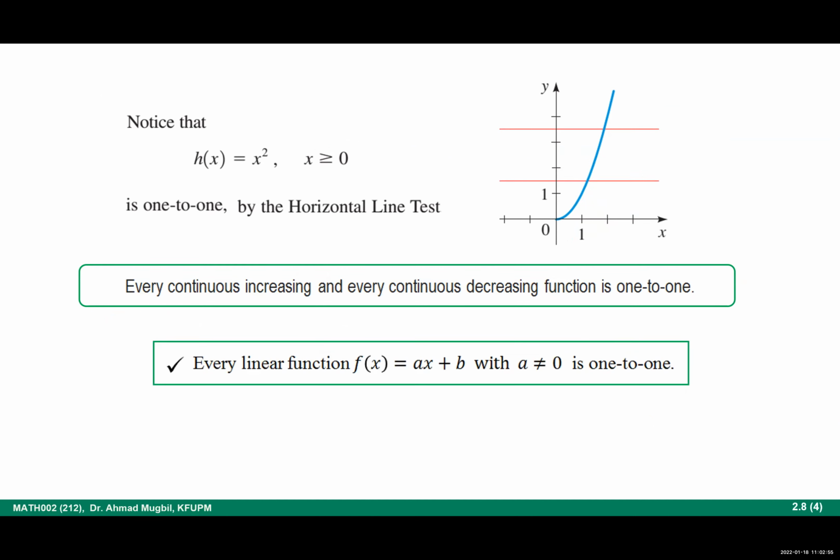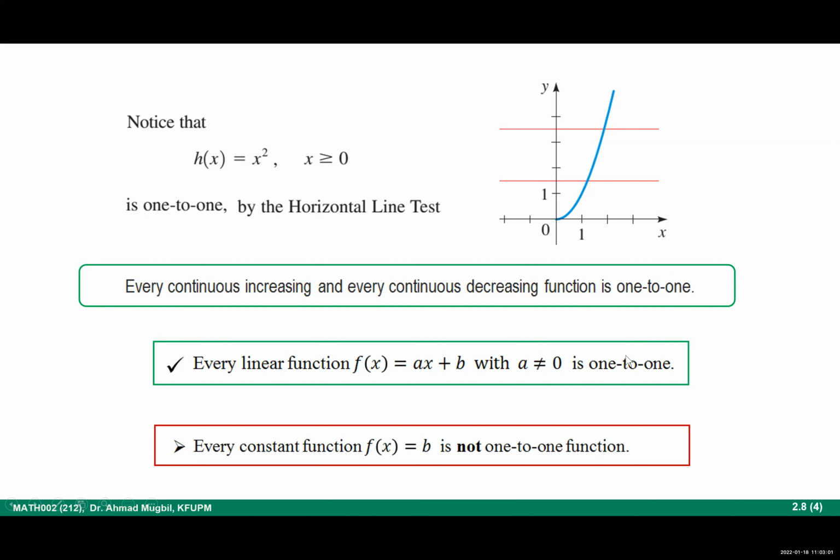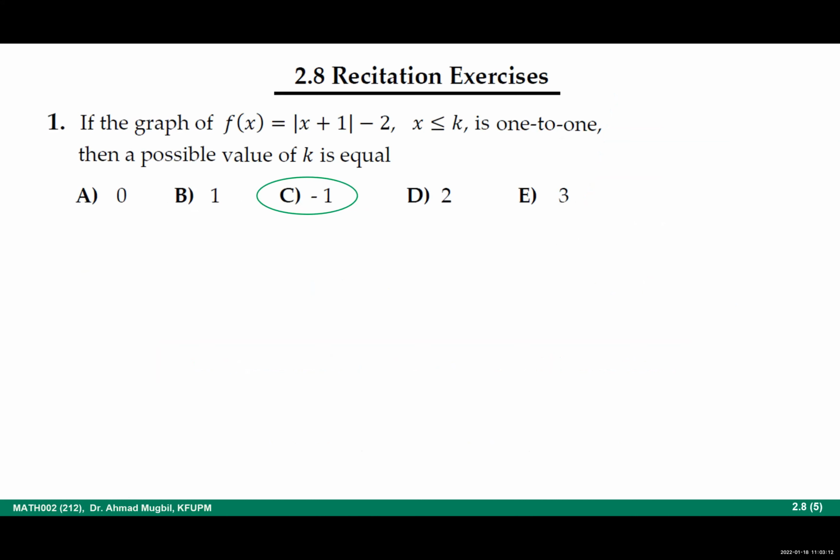Every non-horizontal linear function is one-to-one. So if the graph is horizontal, it is not one-to-one. So the constant functions are not one-to-one. They are in fact all-to-one. We solved this recitation exercise in the previous class.